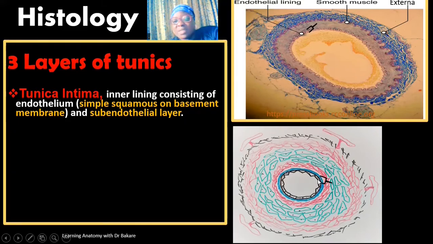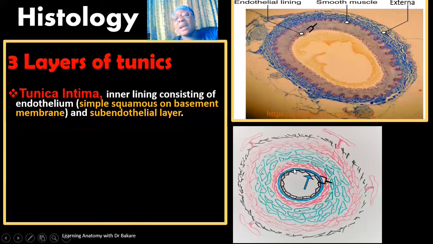So the endothelial layer is made up of squamous epithelium that is seen to be lined on the basement membrane. And this is the region here highlighted in black. These are simple squamous epithelium. So why do we have simple squamous epithelium lining the interiors of the blood vessels? We can justify this because we know that exchange occurs within the wall of the blood vessels, and we do not need epithelium that is thick.